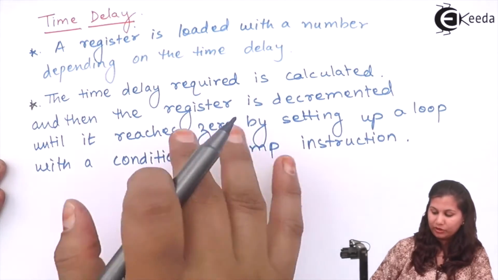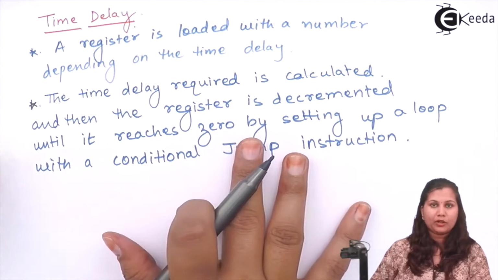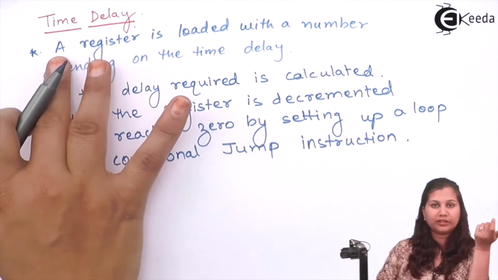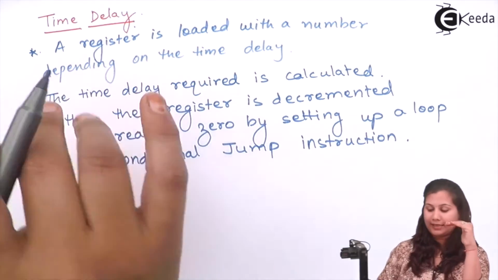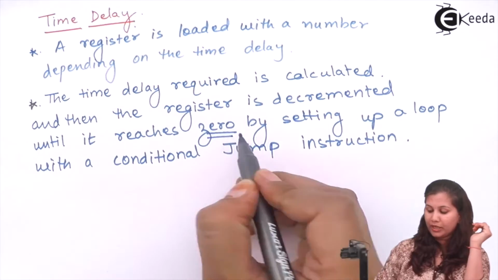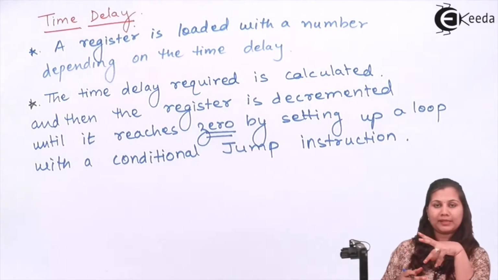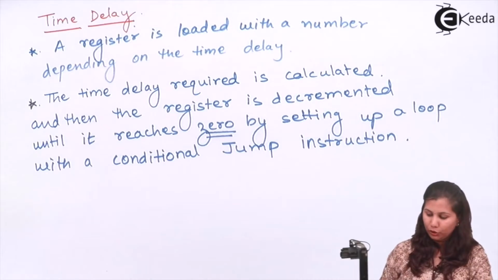Now every time the register will be decremented until it reaches zero. When that number has reached zero, the microprocessor will stop further operation and come out of the loop.